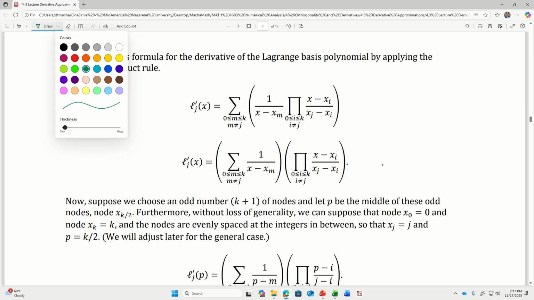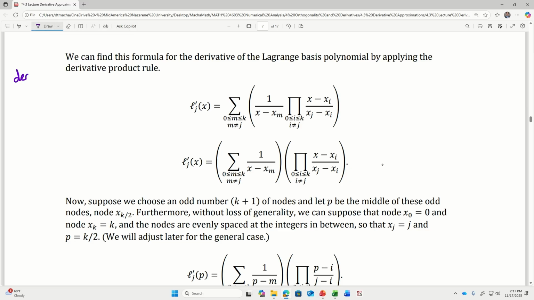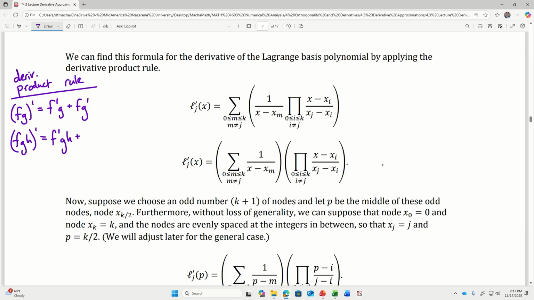If I've got a product f times g, and I want to take the derivative, that would be f prime g plus fg prime. What if I have the product fgh? That's going to be f prime gh plus fg prime h plus fgh prime.